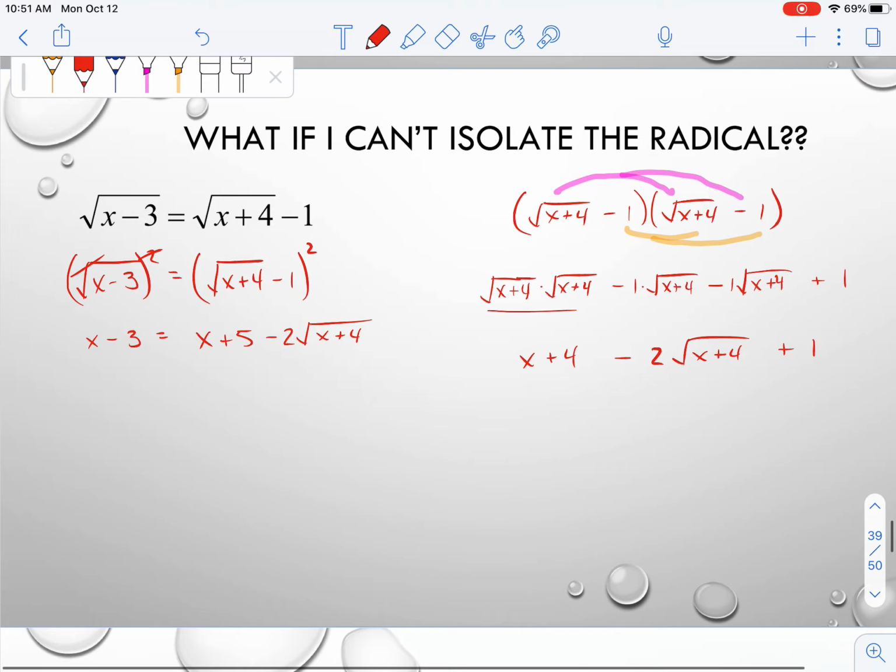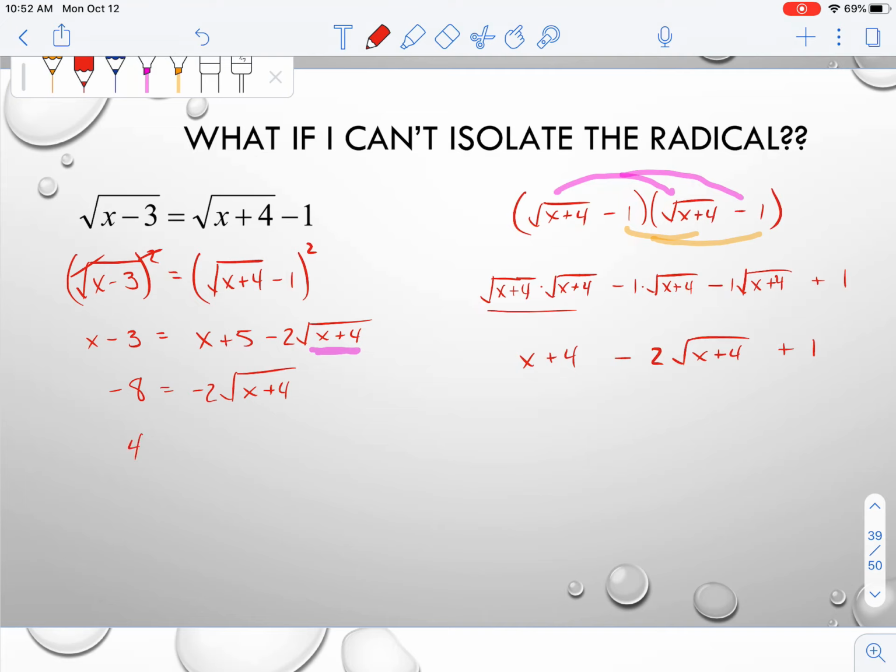Okay? When you have something like this, you have to show that work. You have to multiply it out. So again, now what I want to do is isolate that new radical. I'm going to subtract an x on both sides, and I'm going to subtract a 5. Well, x minus x is going to be 0x, and we're going to end up with negative 8 equals negative 2 times square root of x plus 4.